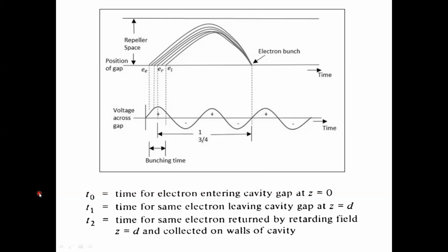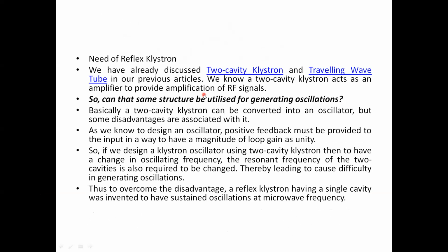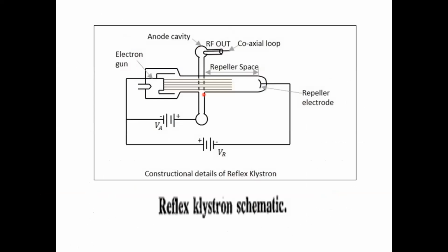Now come back to the Applegate diagram, back to the original picture. This is the electron gun. Here the pointer moves along the journey of the electrons: late electron, early electron, reference electron.